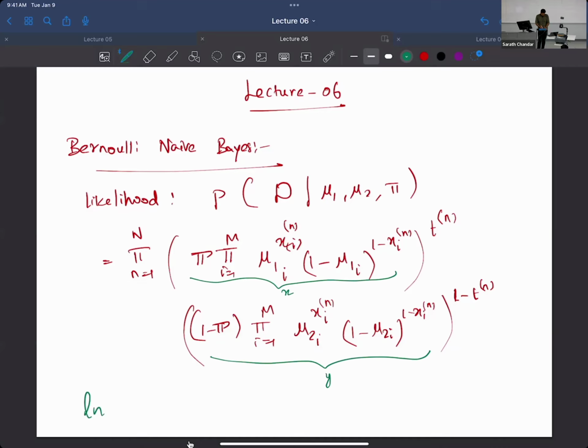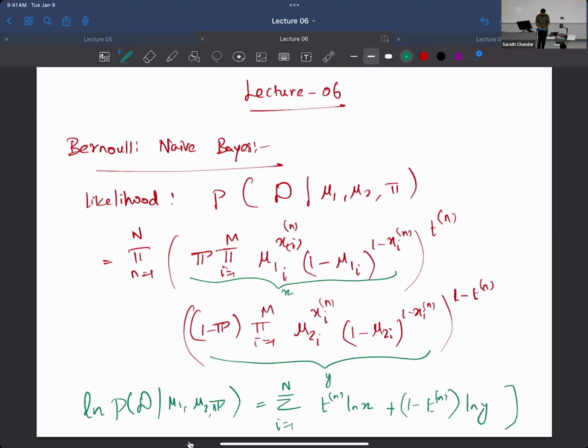So the log probability of the data set given mu1, mu2, and phi is the summation from n equal to 1 to capital N of tn ln x plus 1 minus tn times ln y. I have just taken the log so that the product becomes a summation.